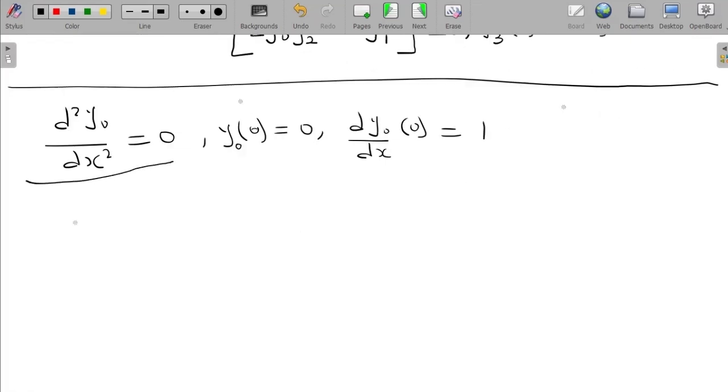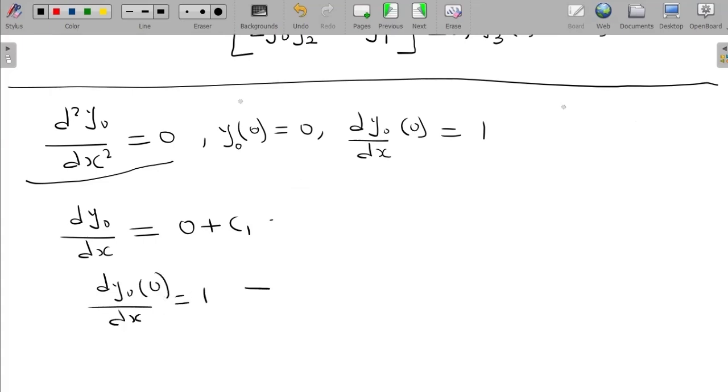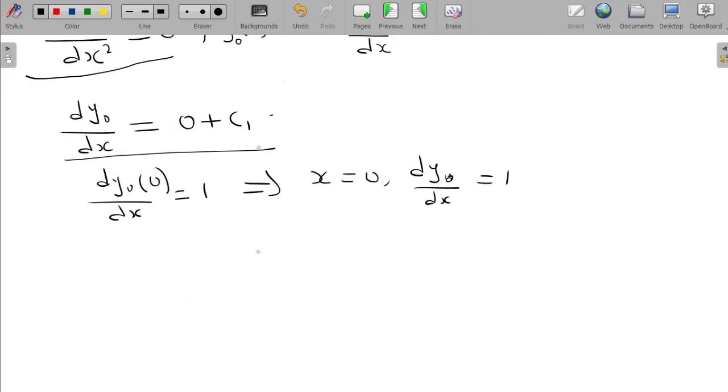We integrate this once, and that gives dy0/dx equal to 0 plus c1. Then applying the initial condition dy0/dx(0) = 1, this means when x is 0, dy0/dx equals 1. So it means 1 equals 0 plus c1. This implies that c1 is equal to 1.